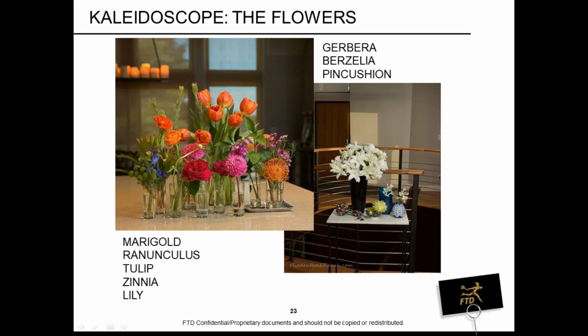The Brasilia, the berry, always an interesting item to be put together. The pincushion protea, again, shows something that's a little bit different. I mentioned seasonal availability of flowers such as marigolds, ranunculus, and the zinnias. But don't be afraid to use white flowers even in this trend, along with the blue and white and the green color palette.